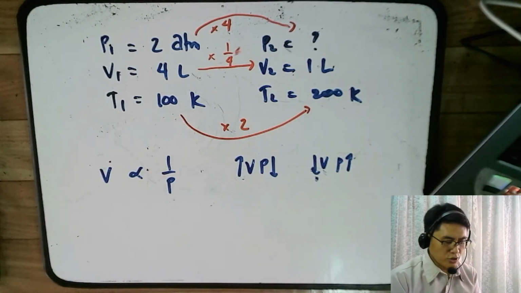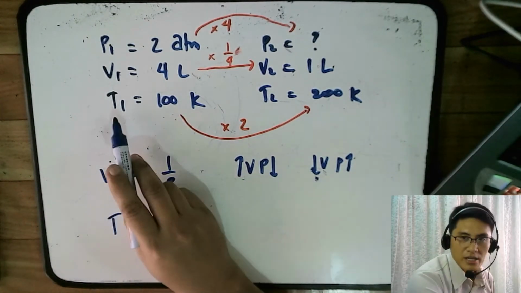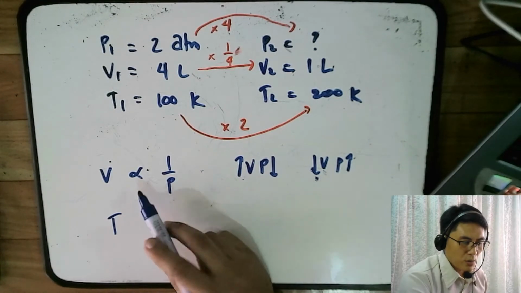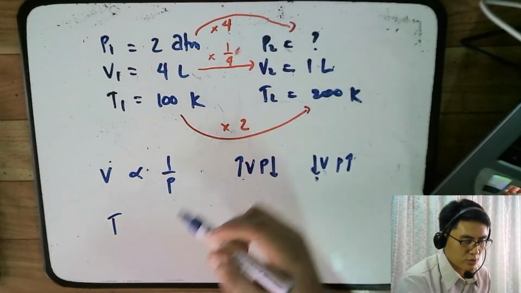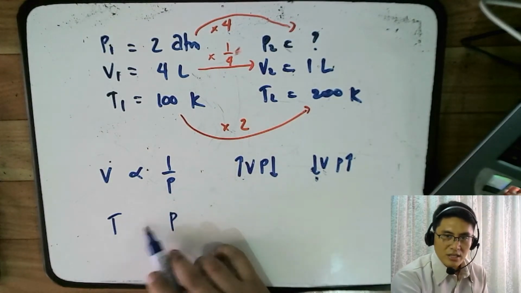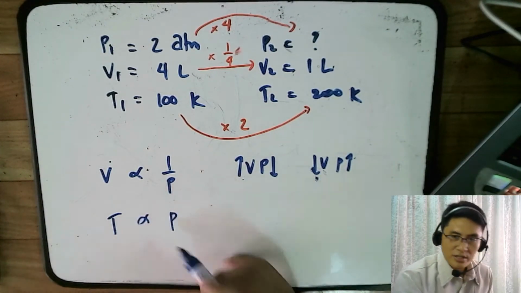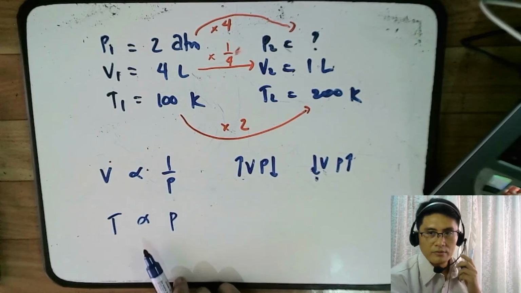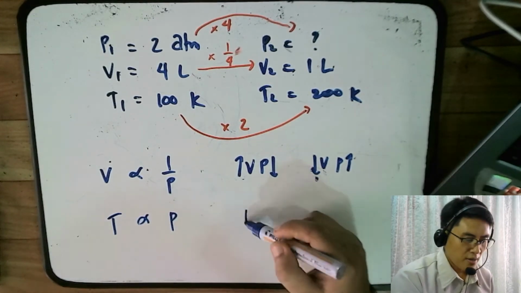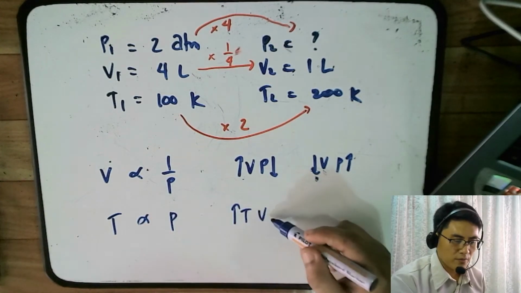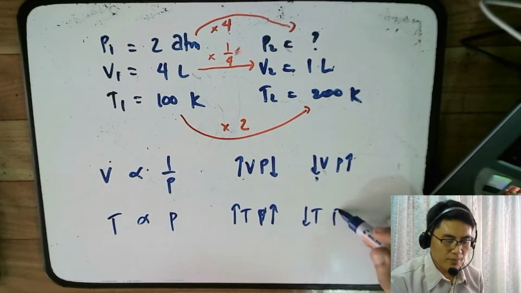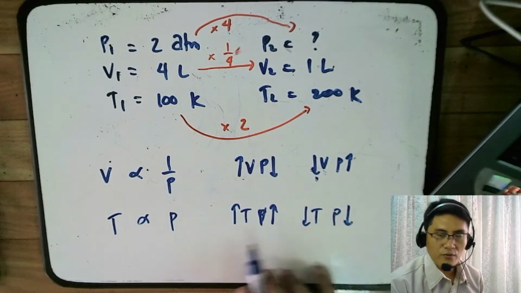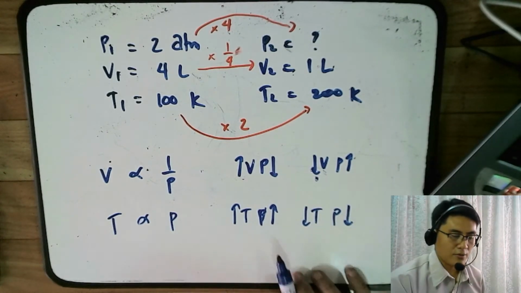Now, you also change the temperature, right? So you look at the relationship between the temperature and the pressure, because after all, it's the pressure that you're trying to solve. This is Gay-Lussac's law, and it simply means that they are directly proportional to each other. Whenever you increase the temperature, the pressure increases, and whenever you decrease the temperature, the pressure also decreases. They go the same route.